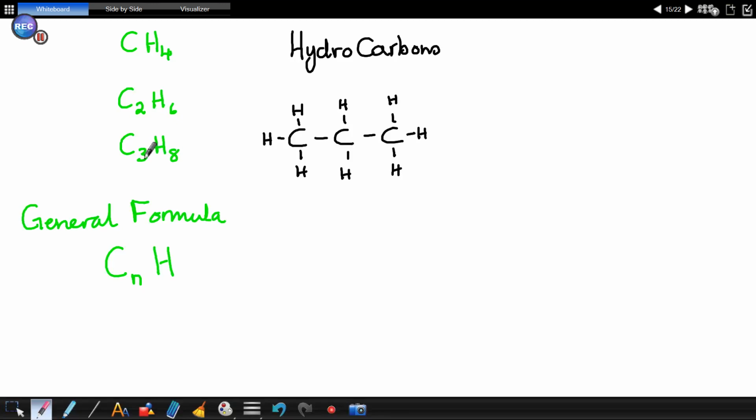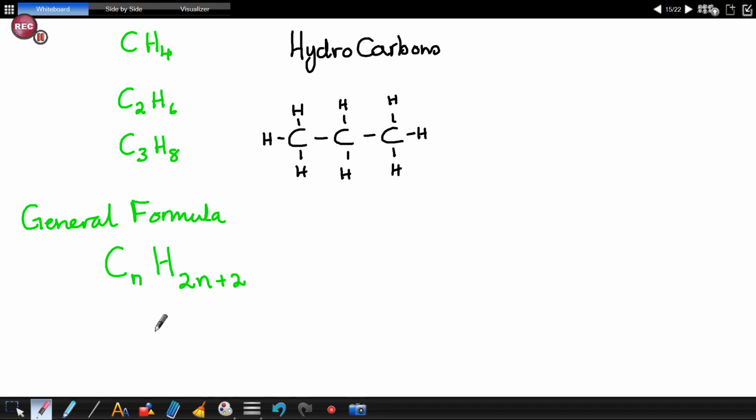How can you change a 3 to an 8, or a 2 to a 6, or a 1 to a 4? Not n plus 4, not n plus 3. Because there it's 5, n plus 2, there it's 4. You go 2n plus 2.